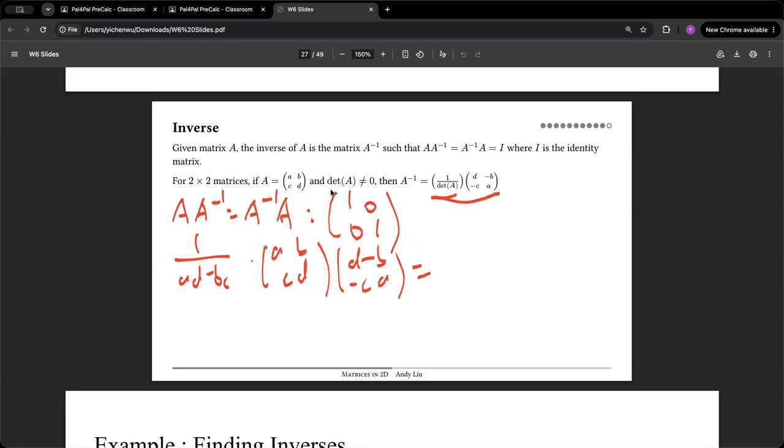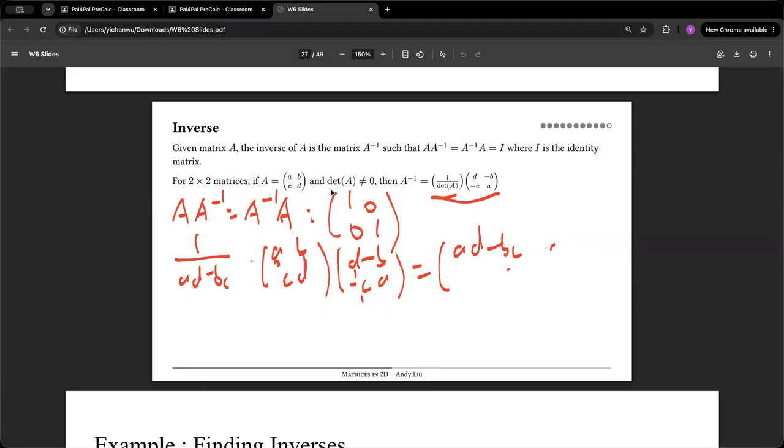So you can start multiplying it out. It turns out here, for example, you get AD minus BC because you have this A and this D, and then you have the minus BC from the B and negative C here. And this other entry turns out to be equal to 0.